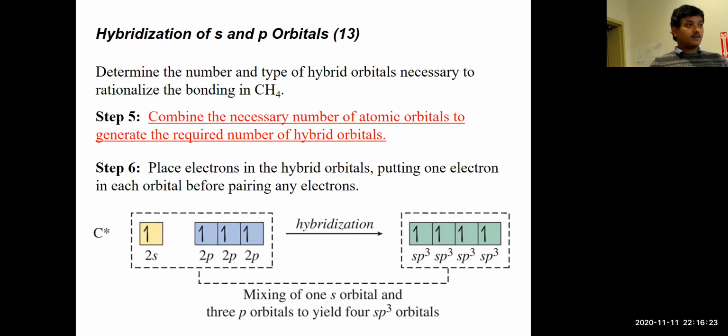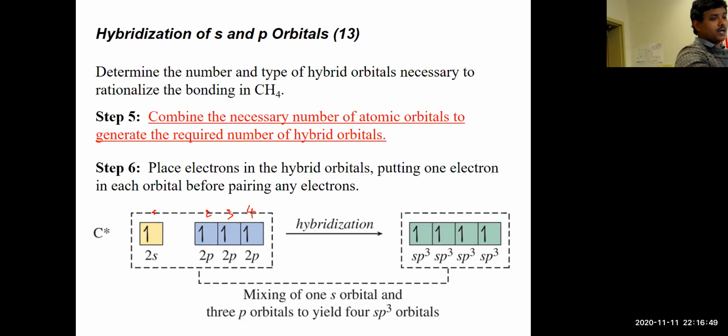We do have enough atomic orbitals in each of these shells because there are 4 of them: 1, 2, 3, 4. Then using those 2s and 2p atomic orbitals, you're going to create 4 hybrid orbitals. Once you create those 4 hybrid orbitals, we are doing steps 5 and 6 combined.